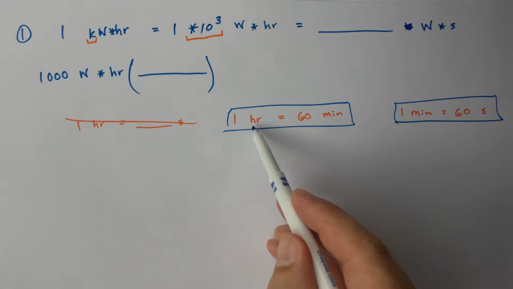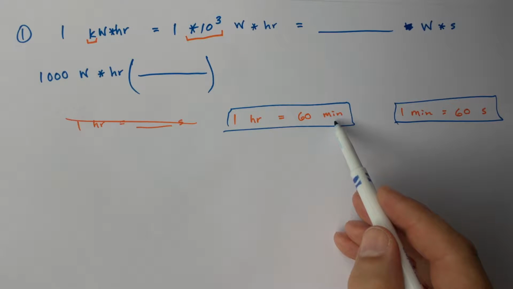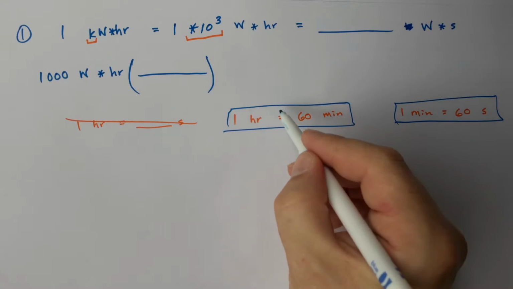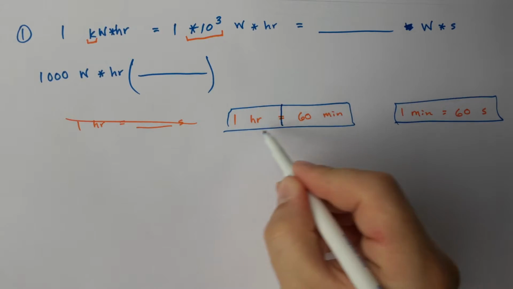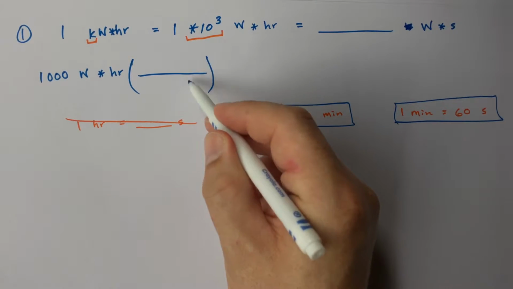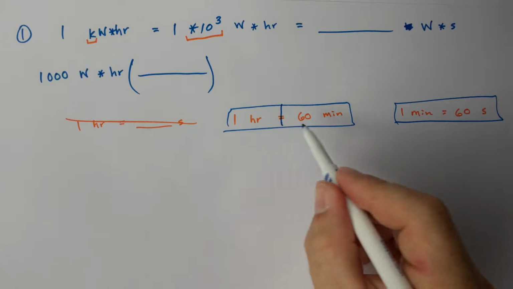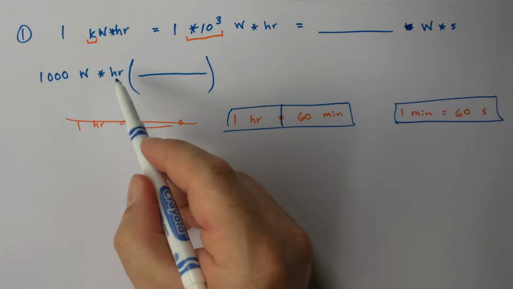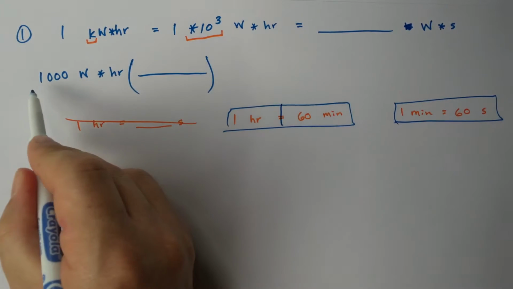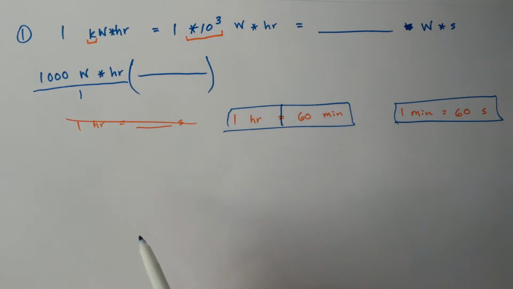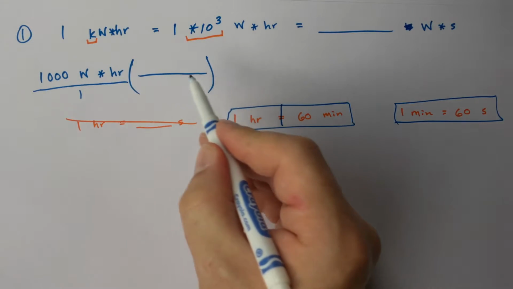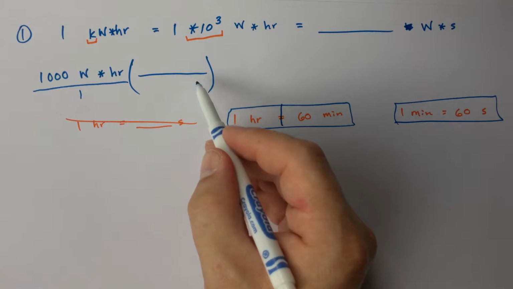First, I want to cancel hours and get into minutes. In order to do that, I'm going to take this equality and break it in half. Half of it is going to go on the top and half on the bottom of this fraction. The way I decide which one goes where is I want to cancel this hours, which essentially is in the numerator. And in order to cancel hours in the numerator, I need hours in the denominator.